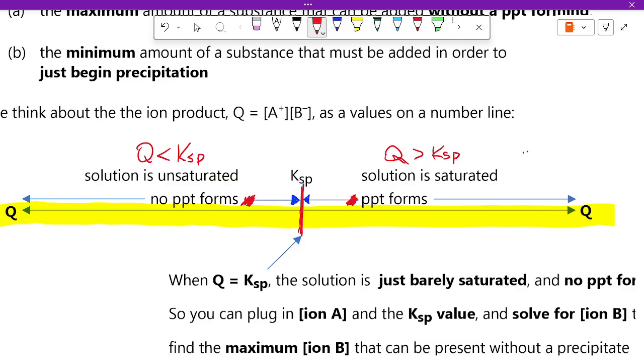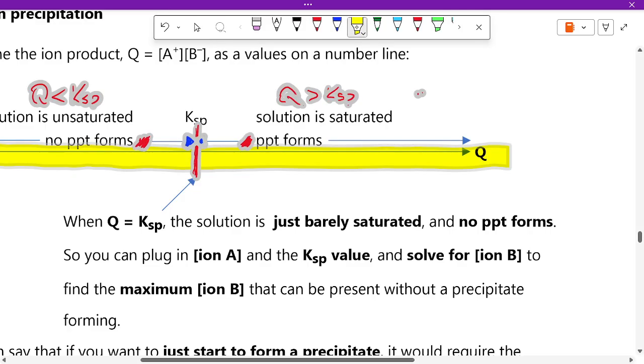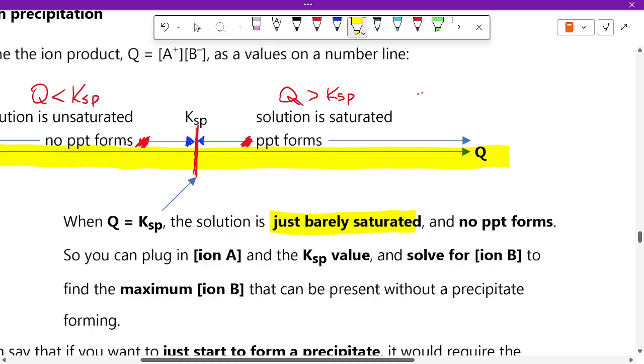But when Q is exactly equal to KSP, the solution is just barely saturated, but no precipitate forms. So if you're looking for the maximum amount you can add with no precipitate forming, you would just say that's my number. Okay?